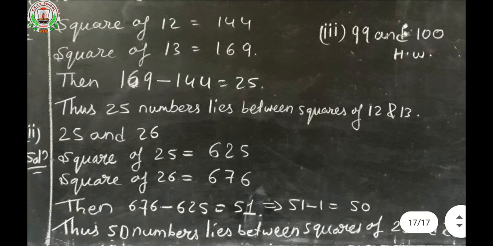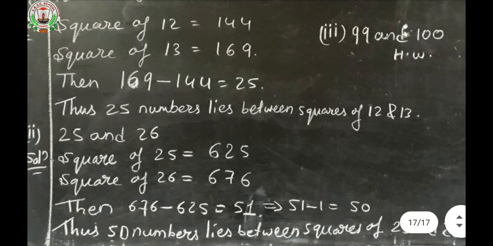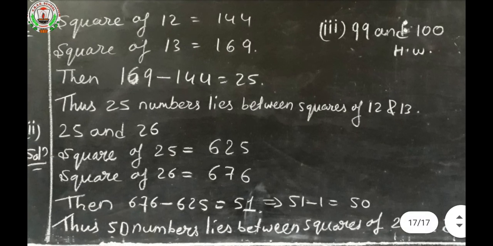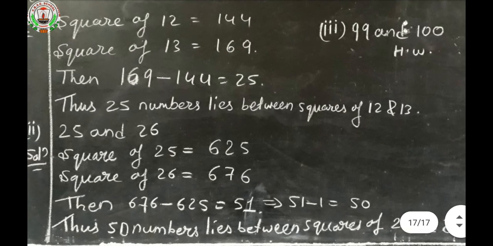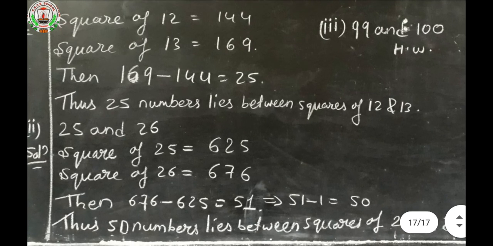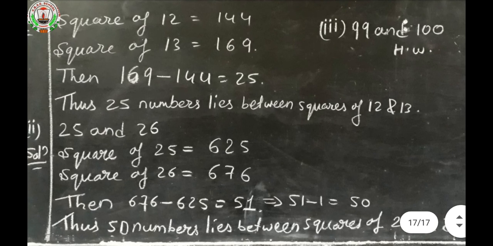Then you have to subtract both the numbers: 676 minus 625. How much will it become? It will become 51, isn't it?